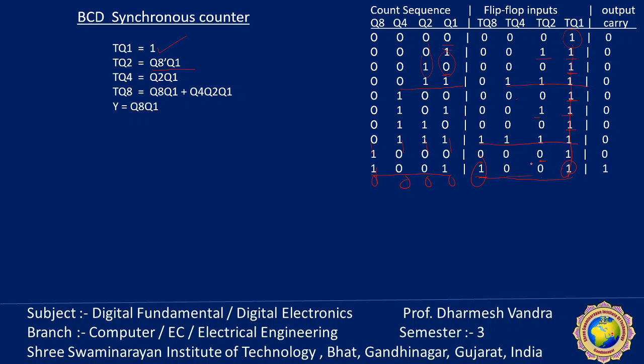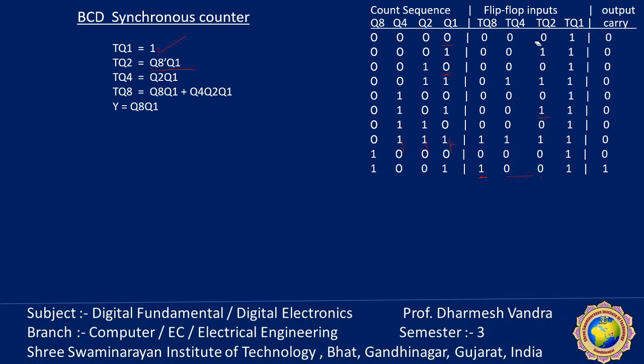Okay, so let's see here. When it is 1, first, second, third and fourth. See here 1, both 0 1 0 1 0 1 0 1. So every time Q8 is 0 and Q1 is 1, so we can say that it is Q8 bar Q1.